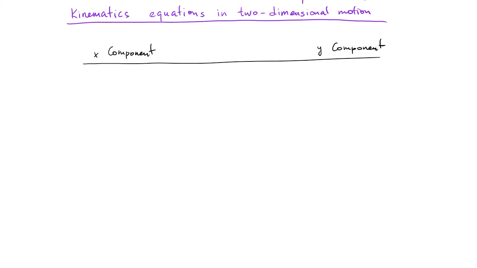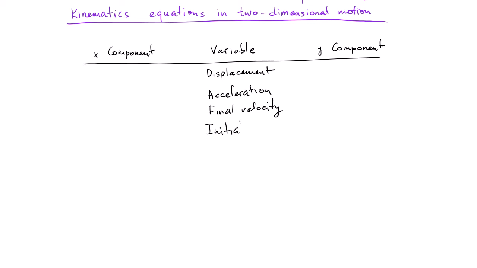And then let's put the variable in the middle. So what do we have? We have displacement, acceleration, final velocity, initial velocity, and elapsed time.